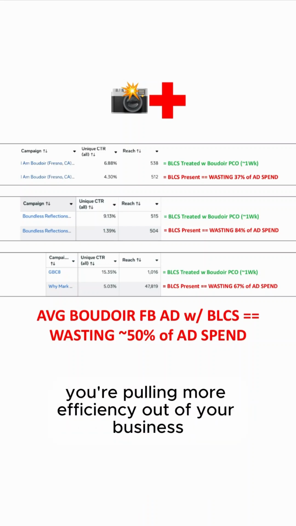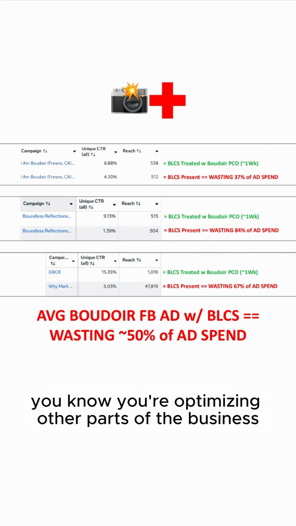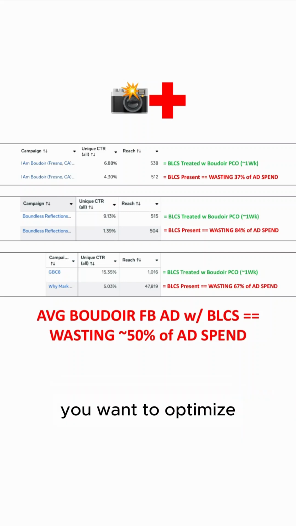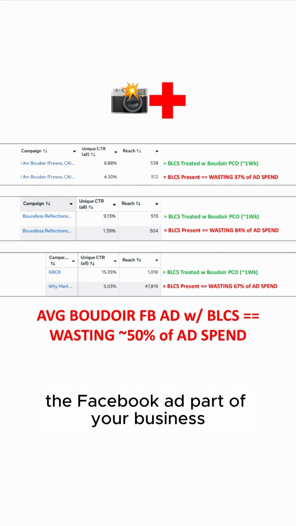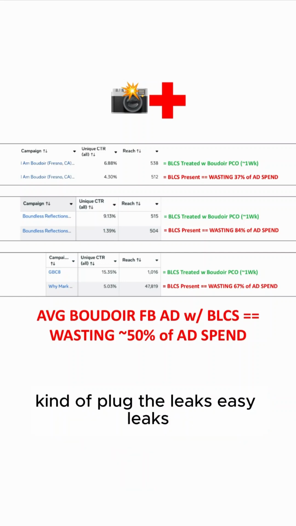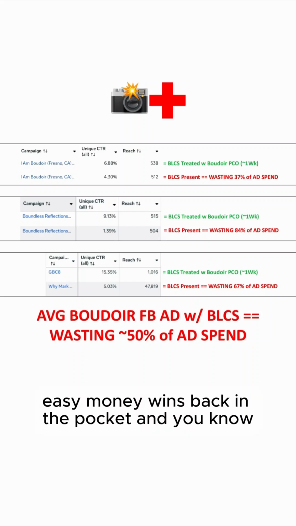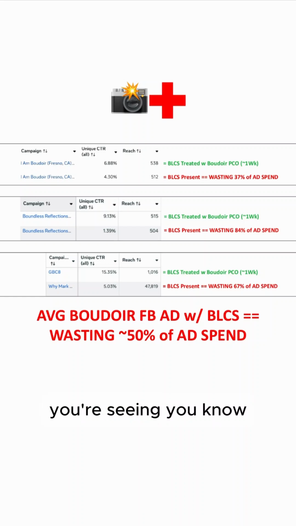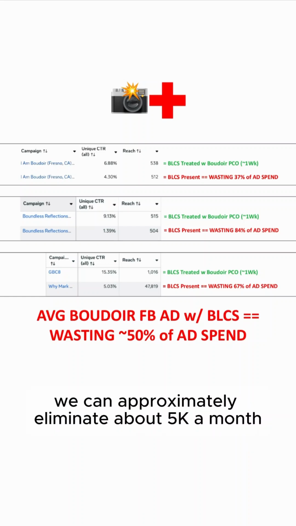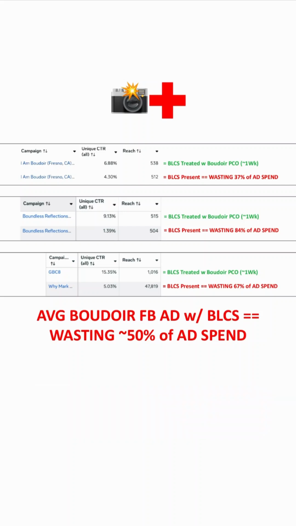So you decide you're pulling more efficiency out of your business. You're optimizing other parts of the business. Now you decide you want to optimize the Facebook ad part of your business, kind of plug the leaks, easy leaks, get some fast, easy money wins back in the pocket. And you're seeing, we can approximately eliminate about 5K a month in wasted Facebook ad spend. Put that back in your pocket.